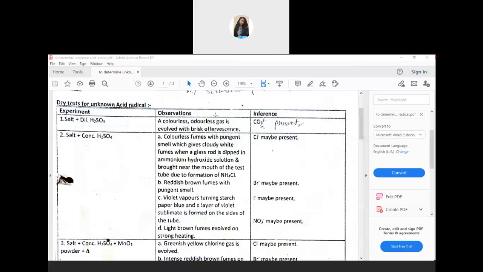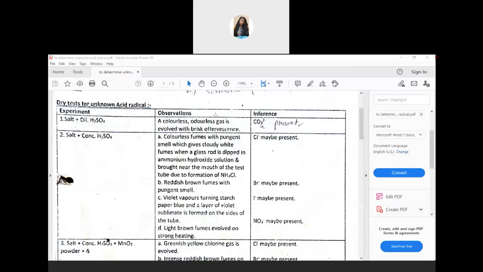You may or may not see it. If you can see the colorless, odorless gas coming out from the test tube, that means carbonate ion is present. Got it? If the colorless, odorless gas is not coming out from the test tube, that means carbonate ion, CO3 2-, is absent.